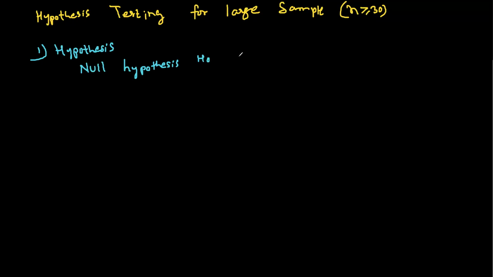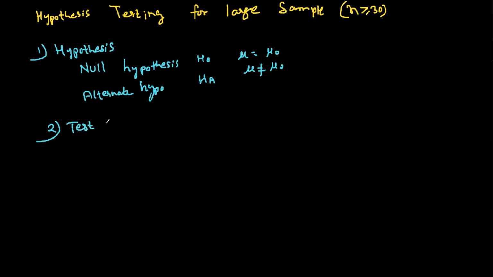Let's suppose your population mean is mu zero. This is constant. The second is the alternate hypothesis, represented by HA. Let's suppose mu is not the same as mu zero, right?